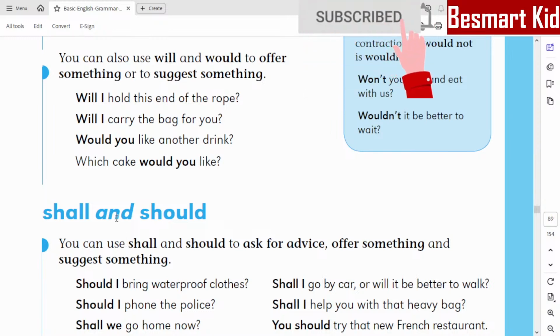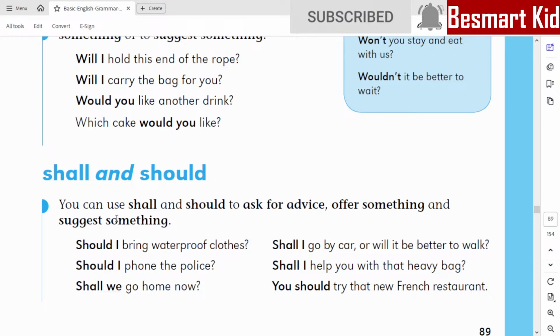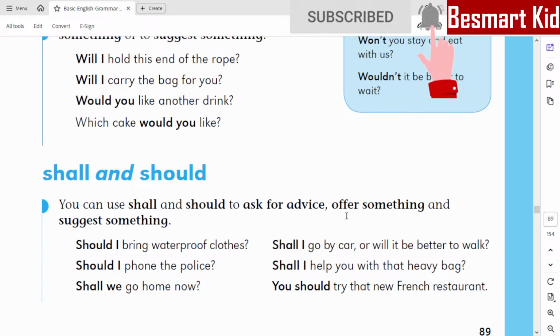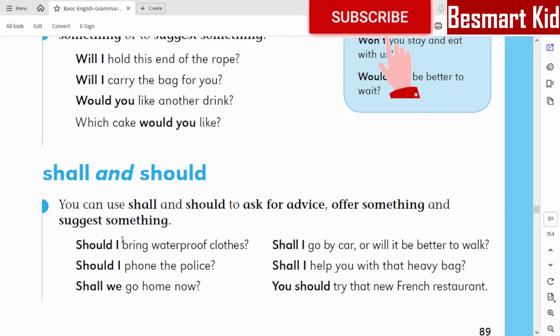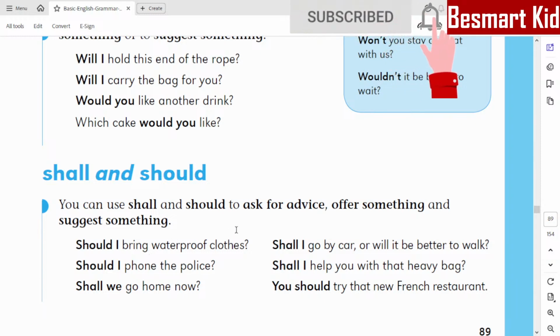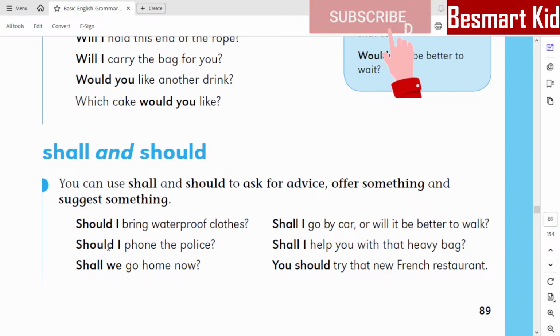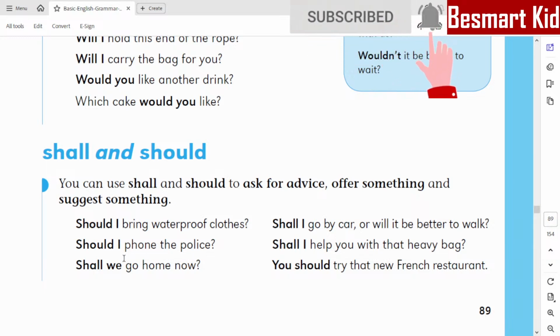Now we have shall and should. You can use shall and should to ask for advice, offer something and suggest something. Should I bring waterproof clothes? Should I phone the police?